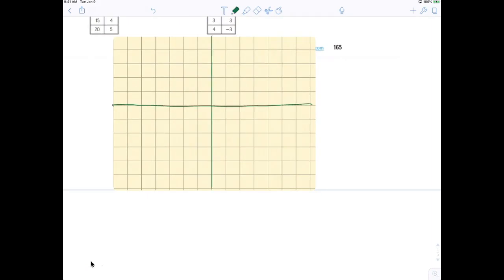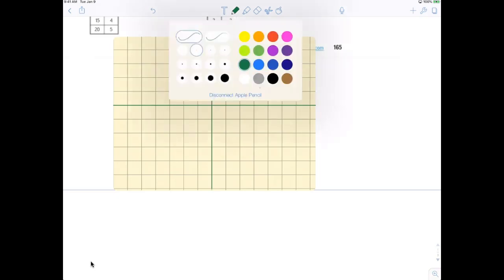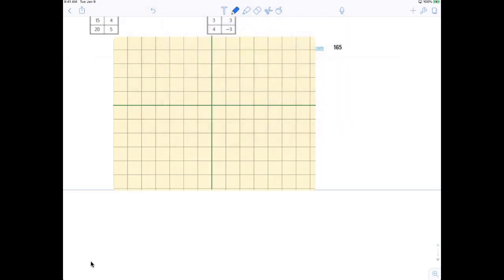All right, so here's graph paper. Now I'm gonna draw a line from here. I'm gonna do an easy one. There's my line. Now, can anybody look at that and tell me what the slope is?